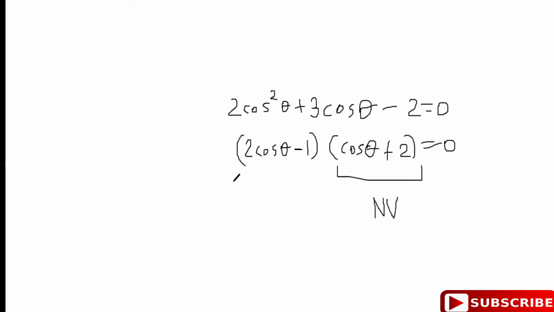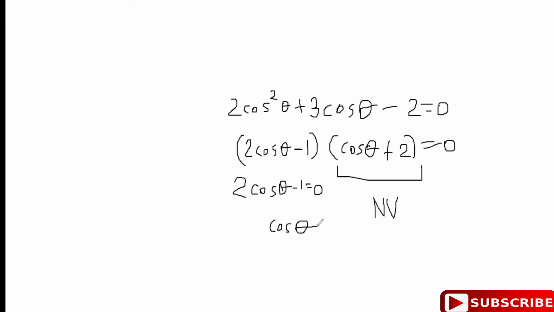The cosine of an angle does not exceed 1. It has to be between 1 and minus 1. Very good. And so we're solving this part. First, we're solving 2 cos theta minus 1 being equal to 0. And so what we're actually solving is the cos of theta equal to 1/2.